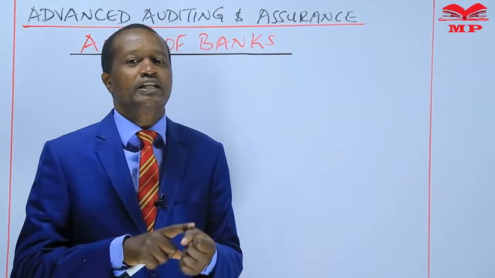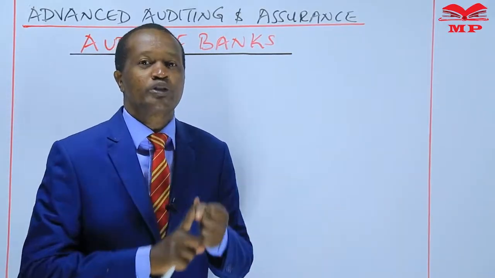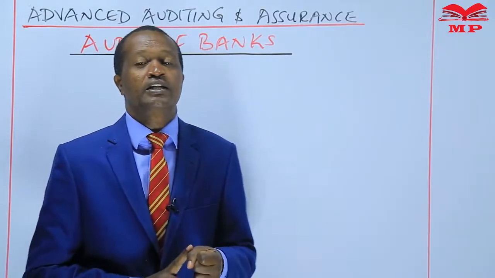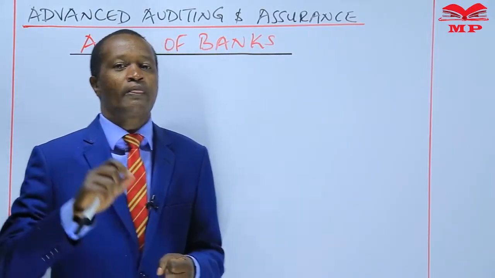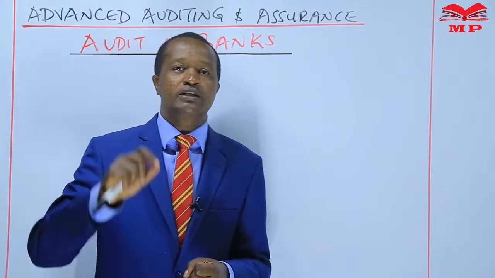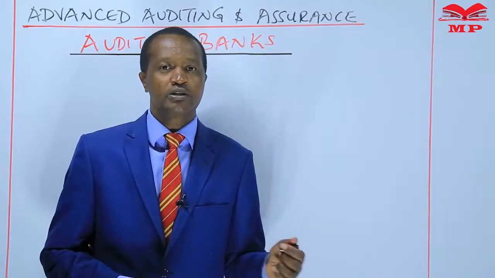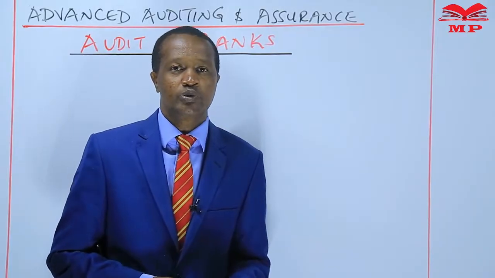Then we will also study the substantive procedures required in the audit of banks, then the audit report on the financial statements of banks. So candidates, welcome to the session.